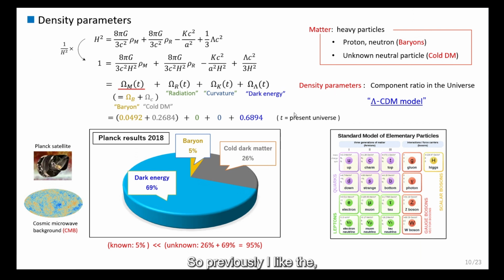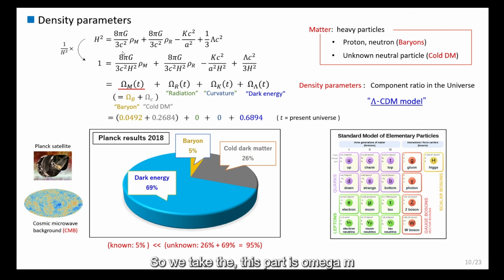So previously, I wrote the Friedmann equation like this. Normally we use the density parameter defined here. The original equation is given like this, and you divide by the Hubble parameter squared. Then the form is just given by 1 equals these parameters.